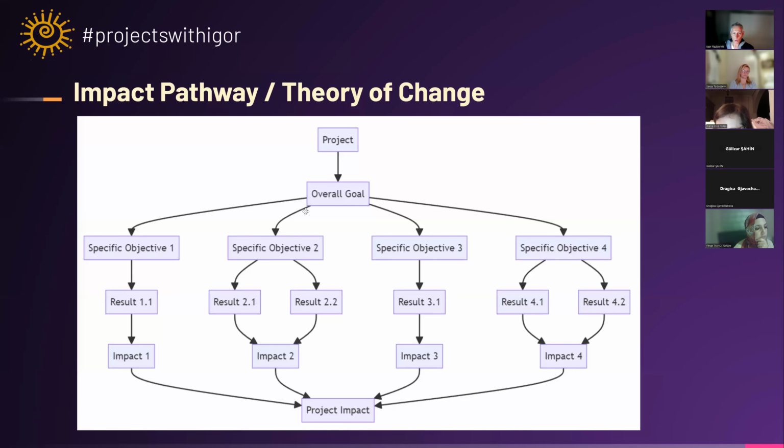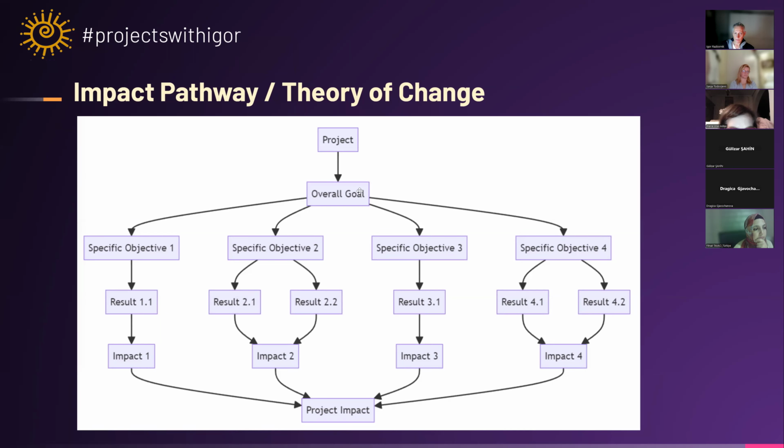And we already have this in our idea development template, but now it is structured. If I explain it differently, your evaluator wants to see this. If you have a project and your project defines what the goal of your project is, then you need to split it into the specific objectives.